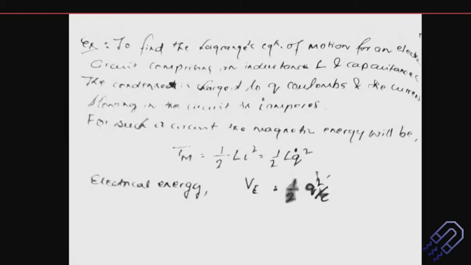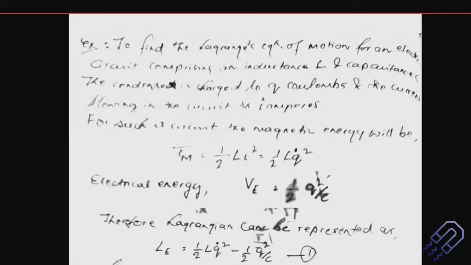So if you do that, we can find out the Lagrangian. Lagrangian L is equal to half L Q dot square minus half Q square divided by C. Then you can take Q as the generalized coordinate and finally find the equation of motion. I don't want to do this because I've already given you the Lagrangian. This is the more tricky part. Tricky part is over.